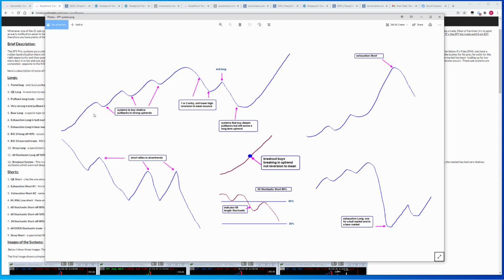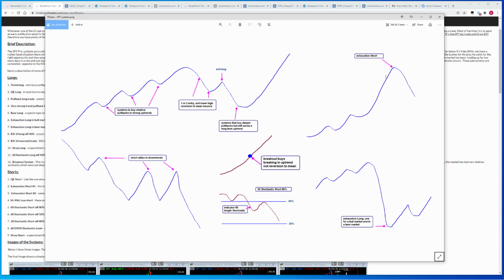The same for downtrends. I have systems that'll short rallies in overall longer term downtrends. I also have systems that'll short once in a while in uptrending markets, but look for exhaustion conditions, where, let's say you're above the 8-day moving average for 25 days in a row, and you get an extreme overbought RSI 1% indicator.